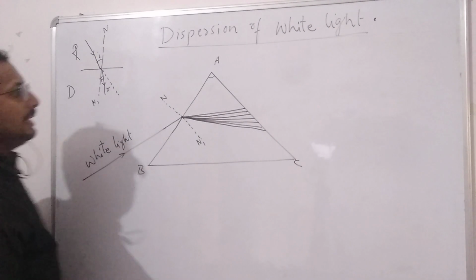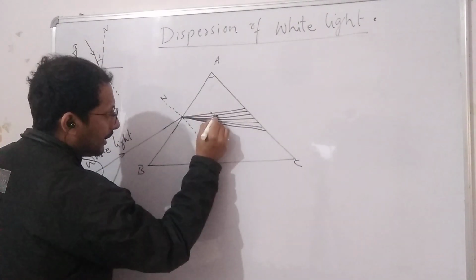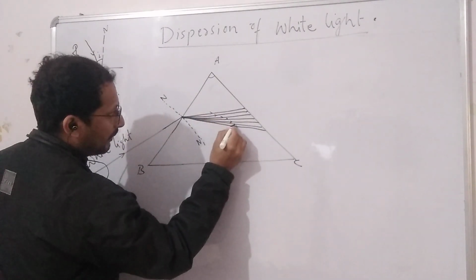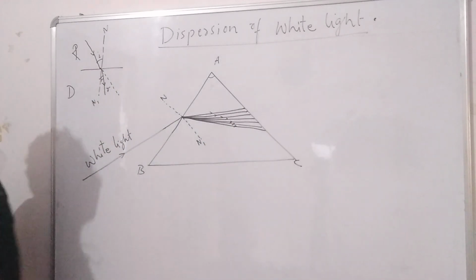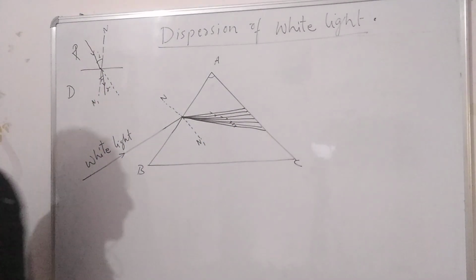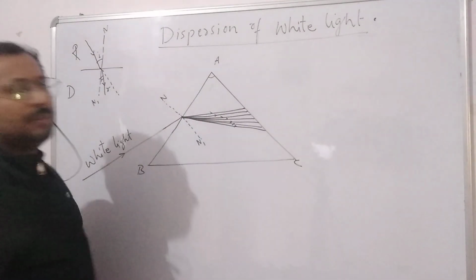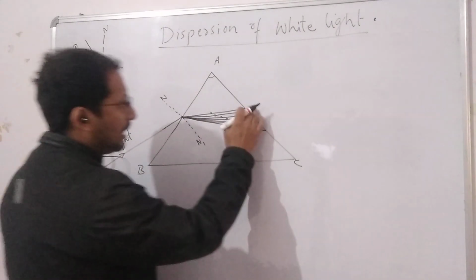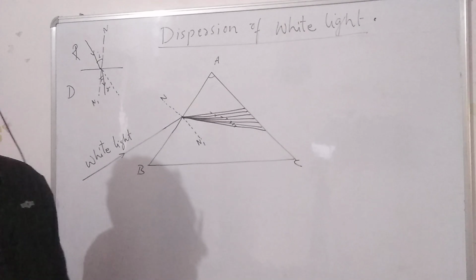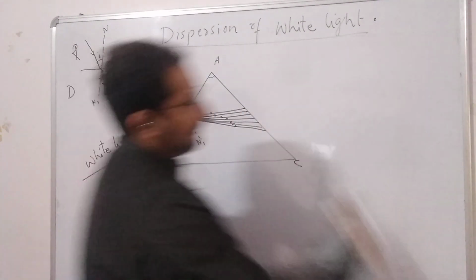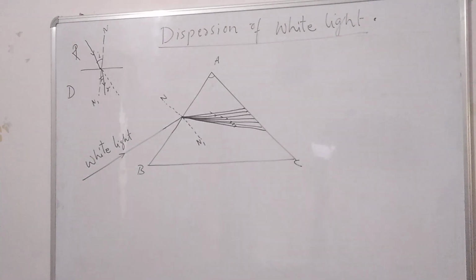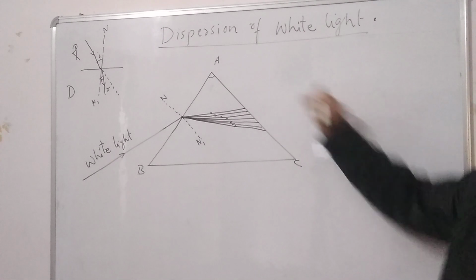These are the 7 prominent colors of which the white light is made up of. Now, how will this light behave when it comes out of the second refracting surface? The second refracting surface, that is AC.